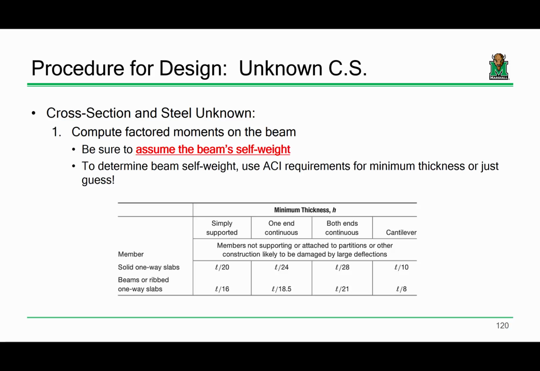Now, in all honesty, if you all were structural engineers for 10 years and you had thousands of beam designs under your belt, you wouldn't need to do this. You'd be able to look at a beam and go, that beam's going to weigh about 400 pounds per foot. And you'd guess that value, and then when it's all said and done, the beam's probably going to weigh about 400 pounds per foot, okay?